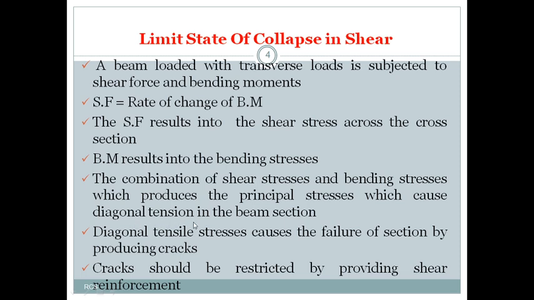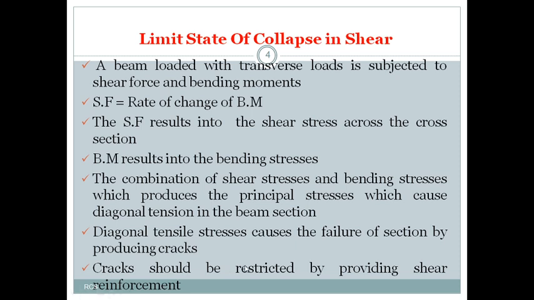This diagonal tension, these tensile stresses, cause the failure of the section by producing cracks. The diagonal tensile stresses will produce cracks in the beam diagonally, at 45 degrees with the axis of the beam. That's why I call it diagonal tensile stress, right?